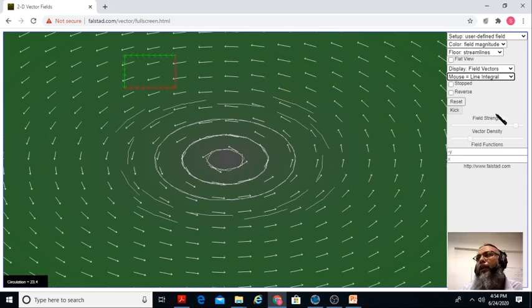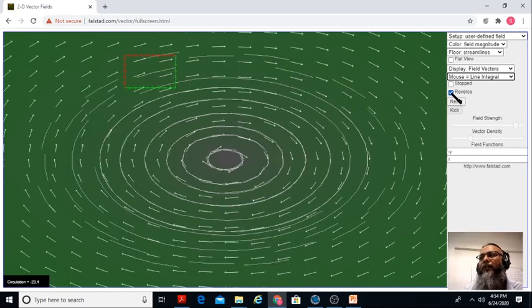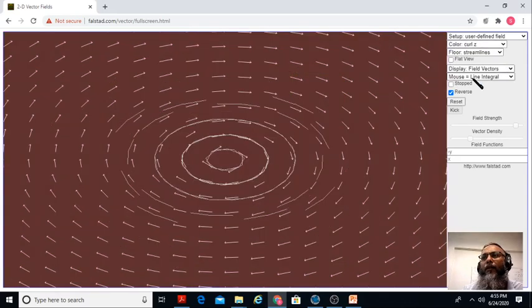For example, if I change the sign of this field, let's say reverse this, and now I see a negative. Negative means my circulation is negative. And if I plot my curl color, I got a negative color because it is clockwise, and clockwise circulation is negative.